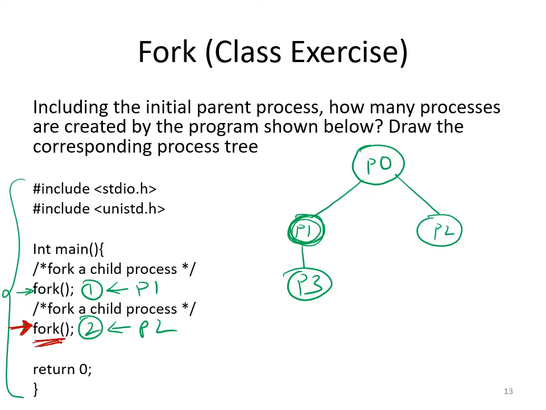So P2 will start executing after this fork, and there are no other fork statements in this program. So P2 will not create any additional children. So in all, including the original parent process, this program will create 4 processes.